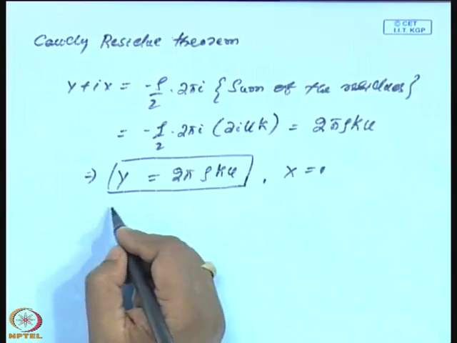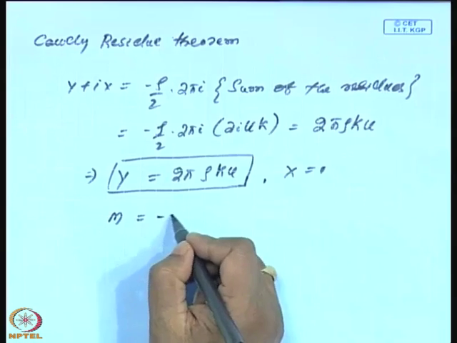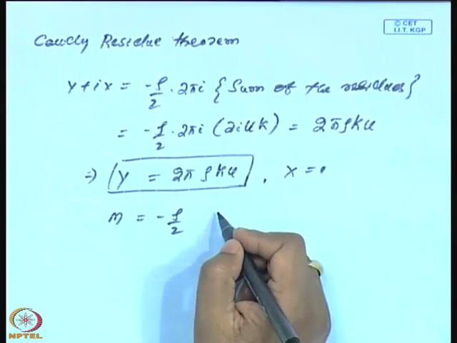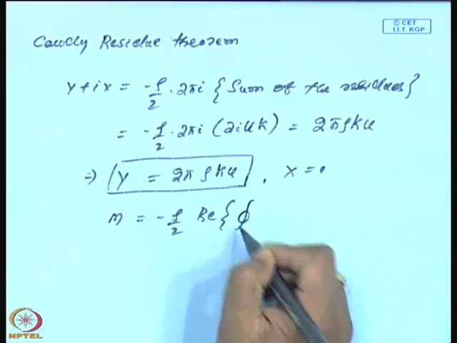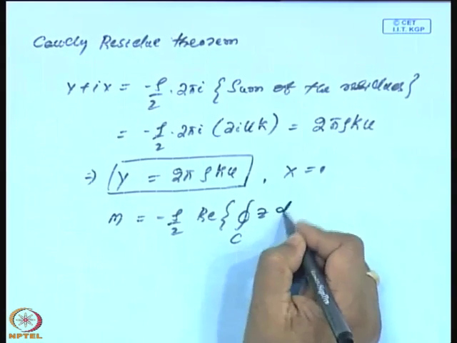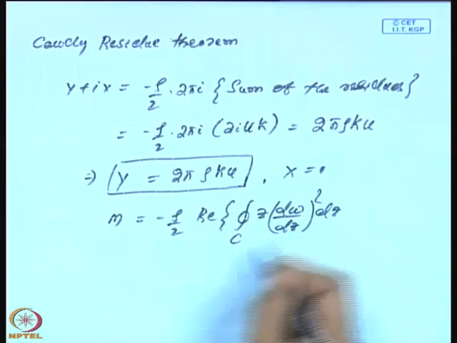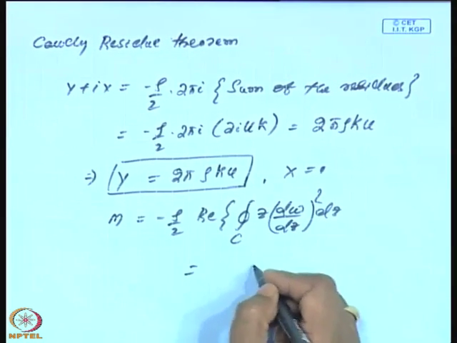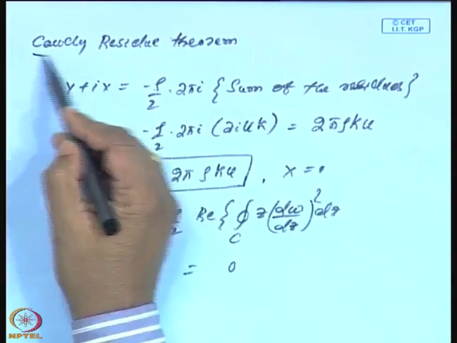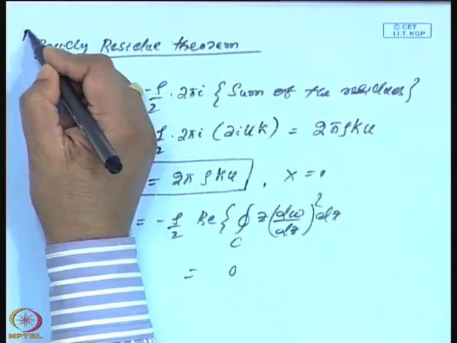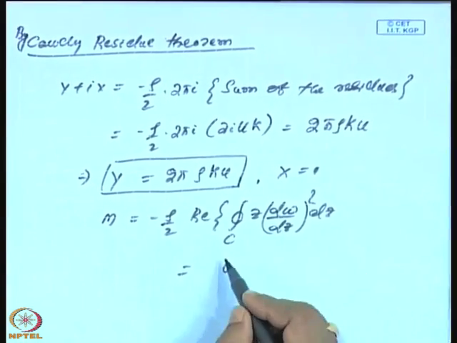Further, if I calculate the moment by the same process, minus rho by 2, the real part of the integral over C of z (dW/dz) squared dz, I can easily find that this is 0, because this again can be handled by the Cauchy residue theorem.